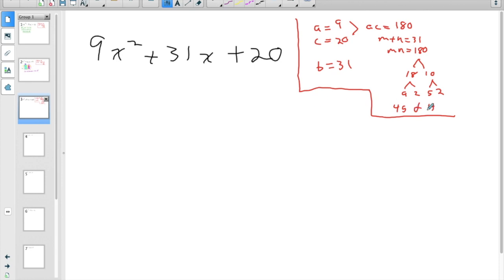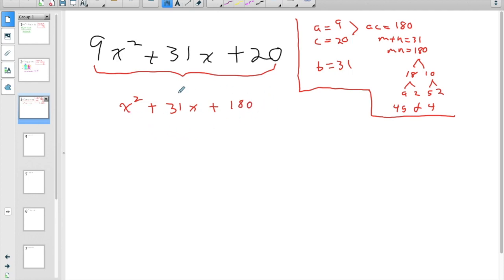Now, why is that useful? Well, what we're going to be doing is we're going to change this and make this into x squared plus 31x plus 180.